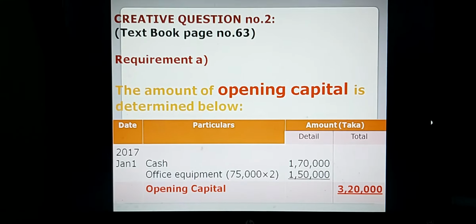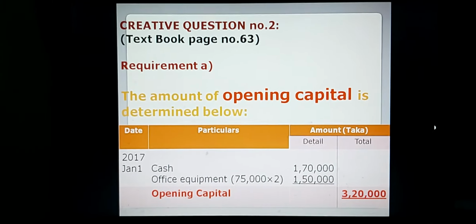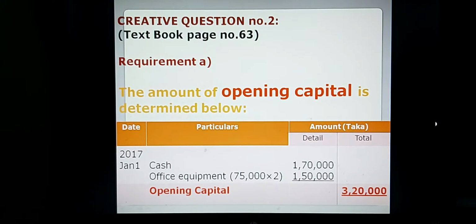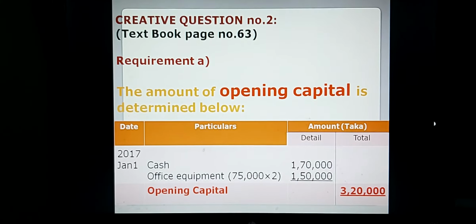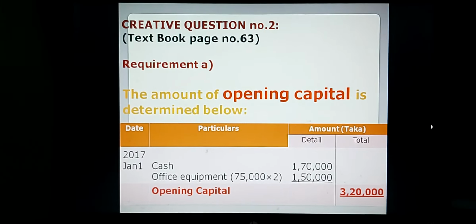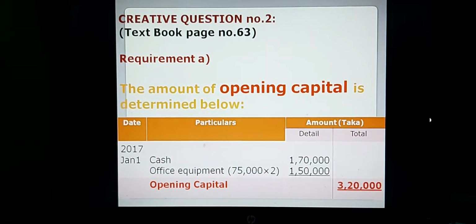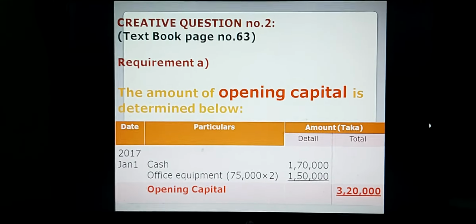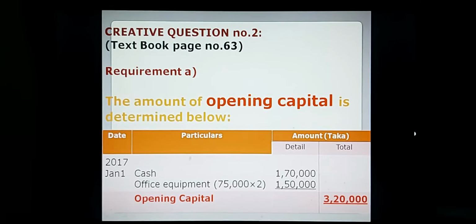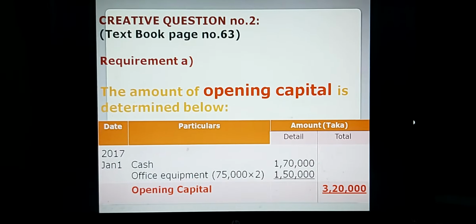On 1st January 2017, the businessman started business with cash and two photocopy machines, started business with cash taka 1,70,000 and two photocopy machine at taka 75,000 each.